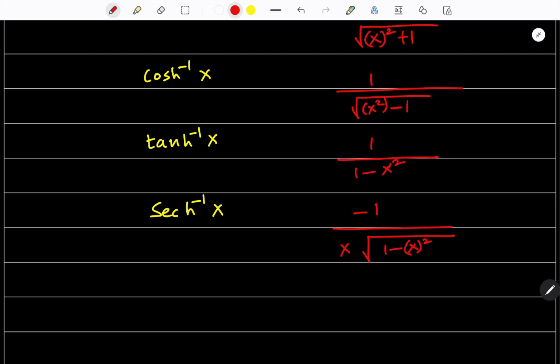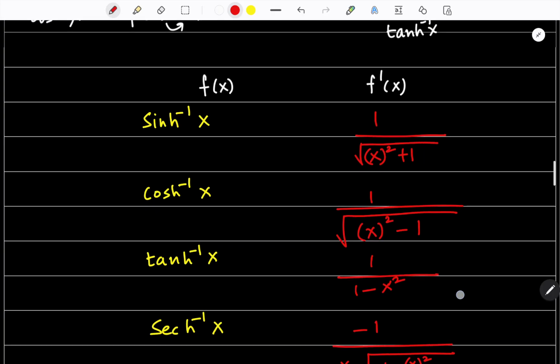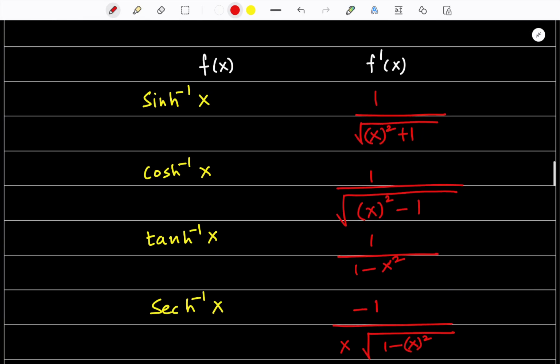Why am I putting the bracket? When I put the bracket, you should be very careful. If something is changed, then you should be very careful with that. So these are the rules you are going to remember for f of x and f dash of x.